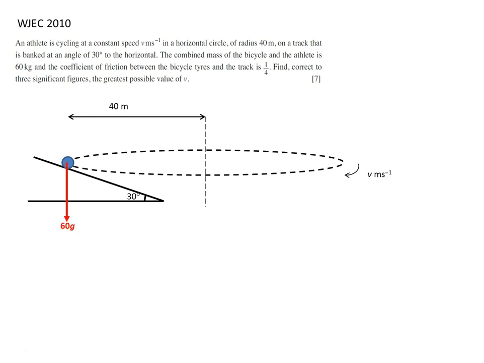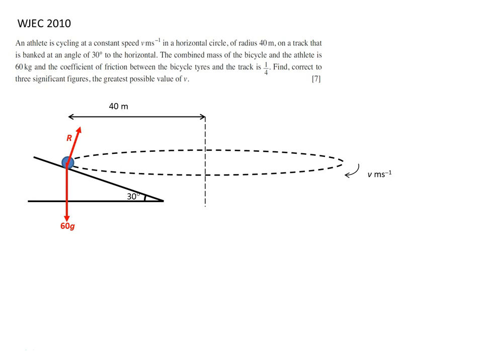We've got a weight of 60g. And we've got a normal reaction, which is perpendicular to the slope. And again, we'll call that R. And then there's going to be a frictional force.